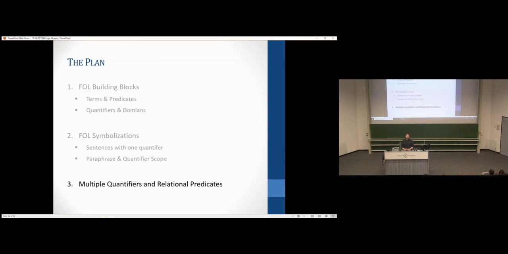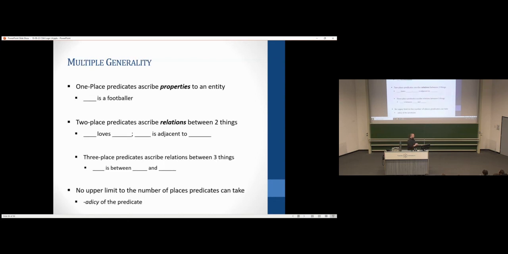But the amazing thing is once we allow for predicates with multiple gaps. So far, every example we've talked about is a predicate with one gap: is a footballer, is a good footballer, is human, is a Pokemon, etc. But not every predicate's going to be like that.